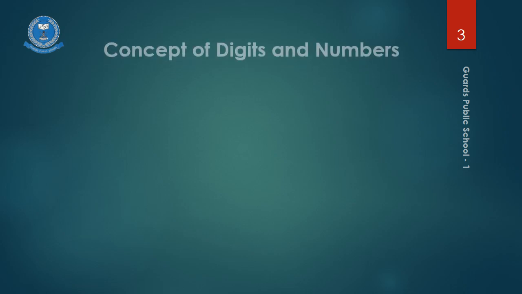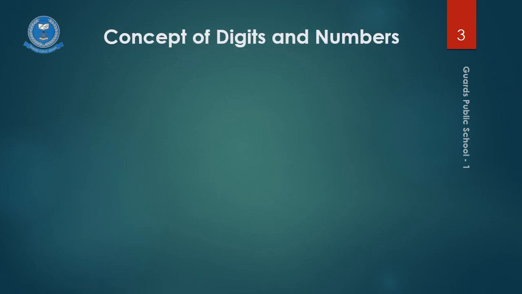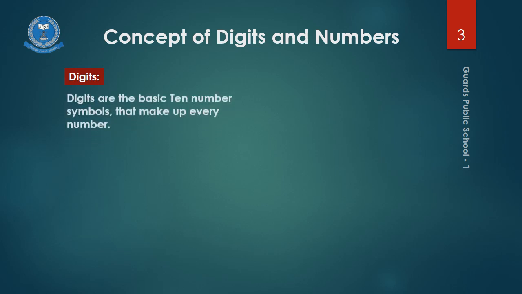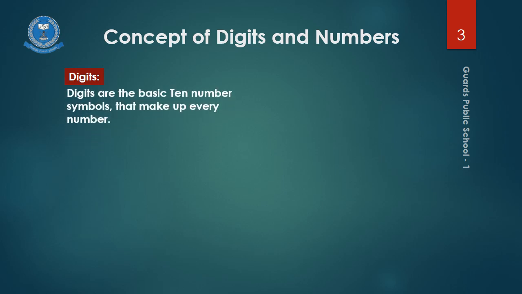Before we start our first chapter, let us all know about digits and numbers. Sometimes students get confused between digits and numbers. Do you know what digits are? Digits are the basic 10 number symbols that make up every number.